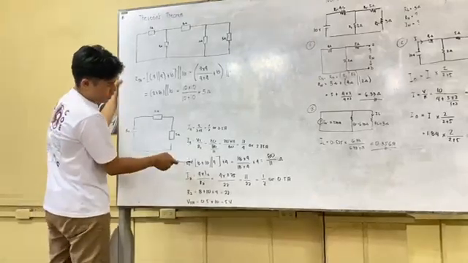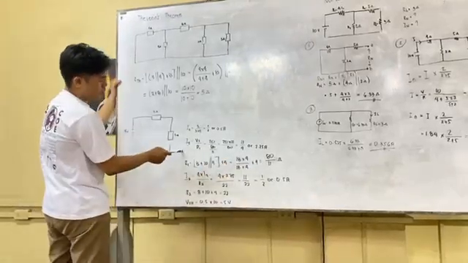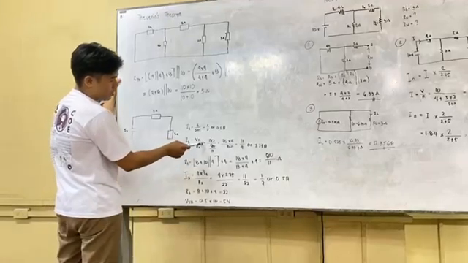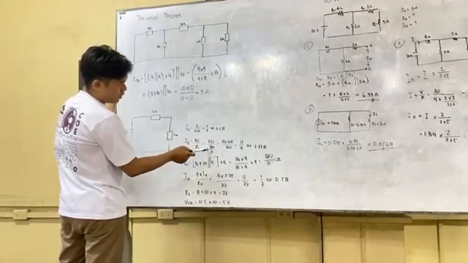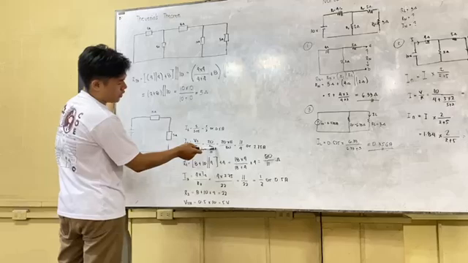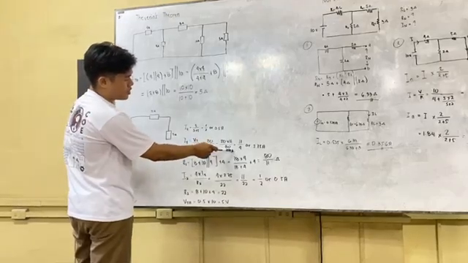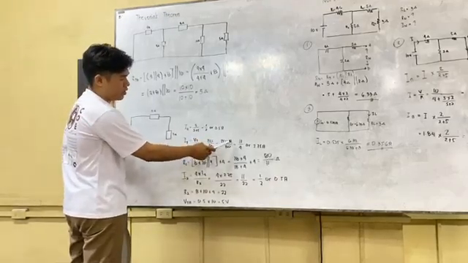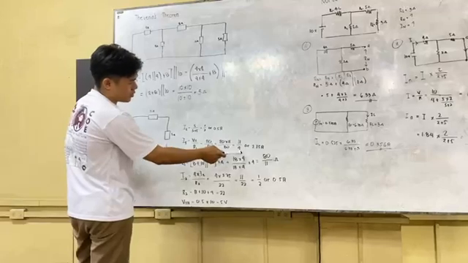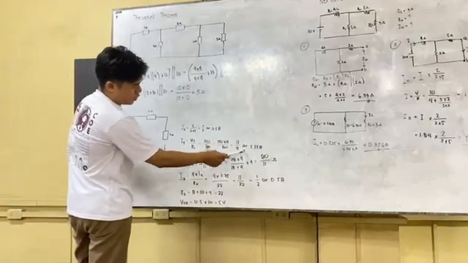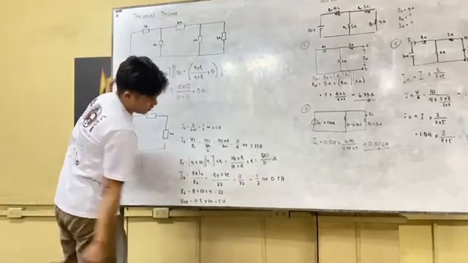Now we can input the answer here to get the I1. So 20 over 80 over 11 is equal to 20 times 11 over 80. Then we have the answer of 11 over 4 or 2.75 amps.